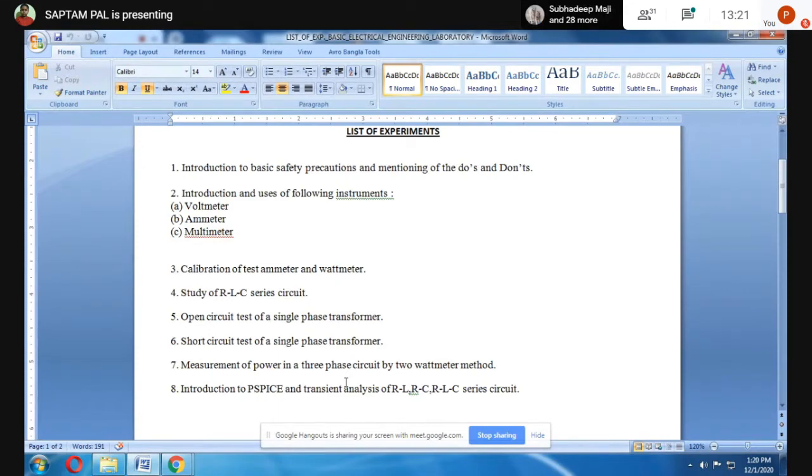And before taking the experiment readings, always ask the sir who is attending there to check the circuits you have made.